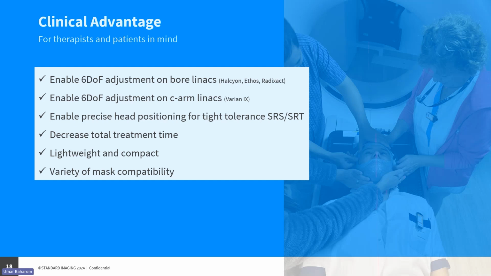We can also enable 6-DoF adjustment for C-arm linacs if you have an older linac without a 6-DoF couch. It allows for precise head positioning for tight tolerance modalities like SRS and SRT, and we also support a variety of mask compatibility that should fit your needs.